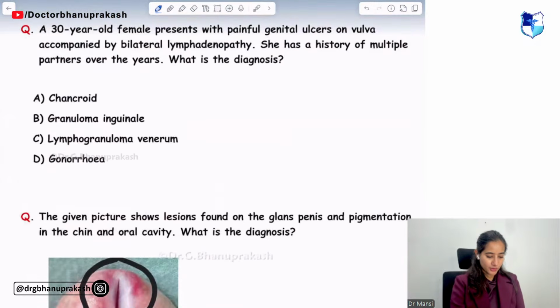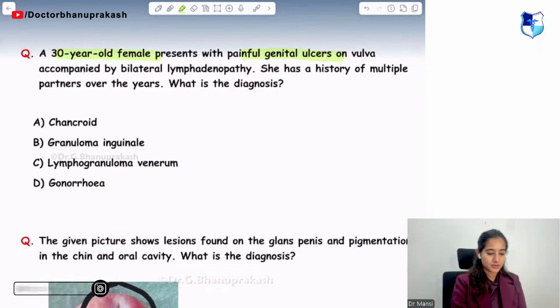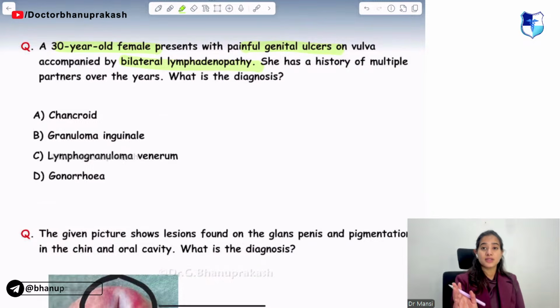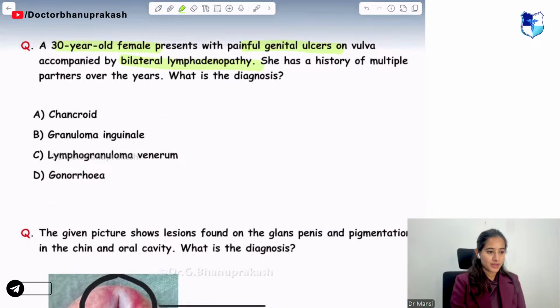Then we have a 30-year-old female who presents with painful genital ulcers on the vulva accompanied by bilateral lymphadenopathy. Painful genital ulcers, bilateral lymphadenopathy, history of multiple partners over the years. What is the diagnosis?